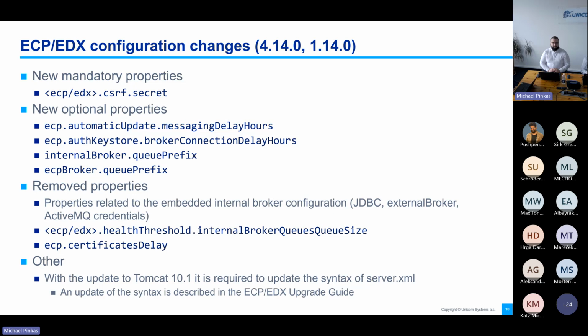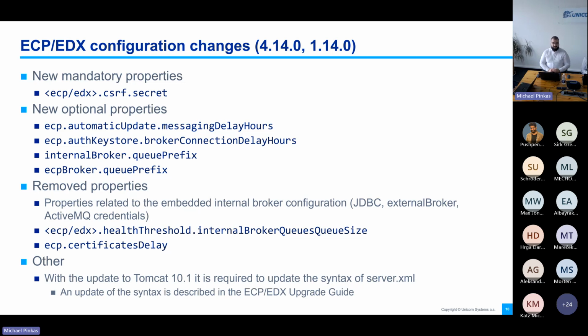Basically, what this does is that after the certificate renewal, it will apply the configured delay, and until this delay is reached, the old set of certificates will be used. It's mainly meant for the delays during the synchronization. So once you renew the certificate, all the remote networks might not know about that immediately. The default value for this property is 20 days, and it is specified in hours. So you can change it to 1 or 2 hours if you wish.